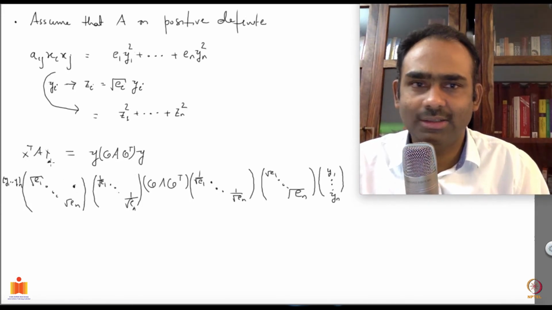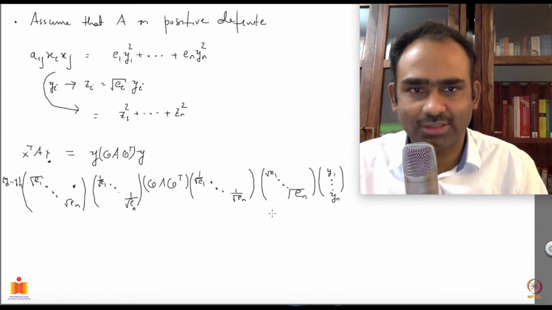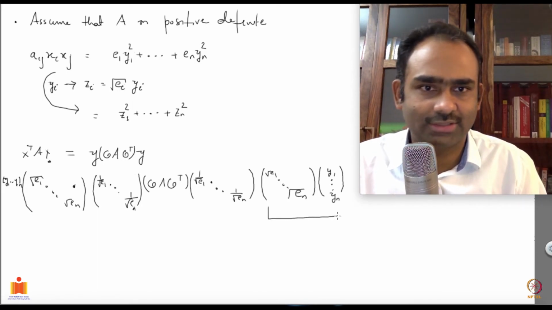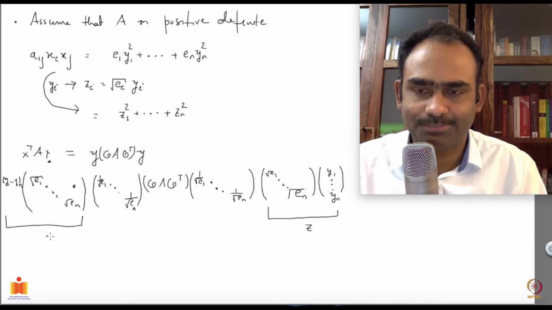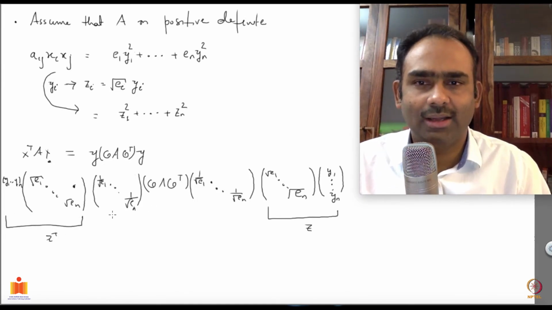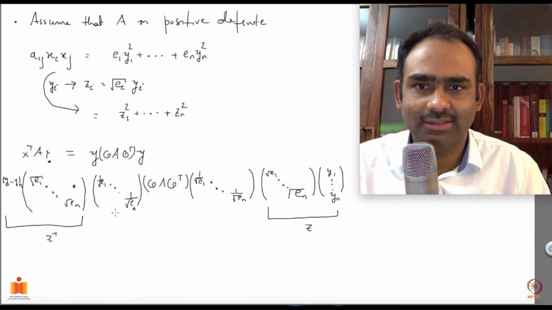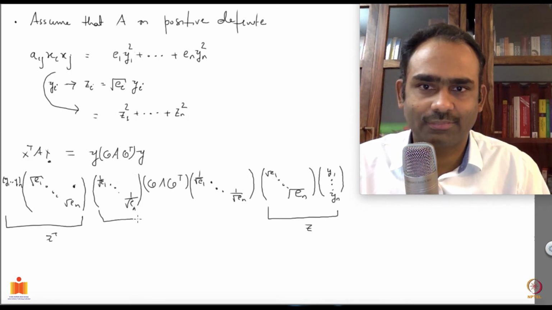From here to here, this is your z, that's what we wrote earlier, and this is your z transpose, and your transformation is really this one. This was A.